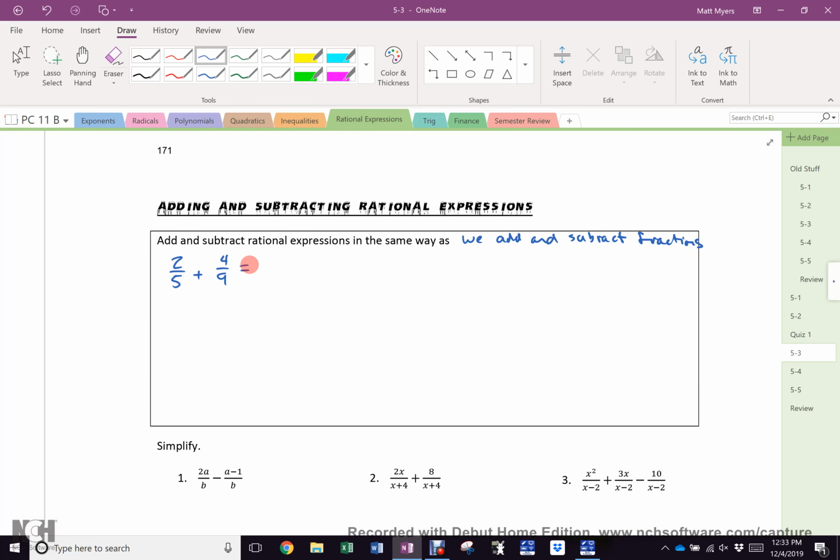For example, if you were doing 1/3 plus 1/4 plus 1/2, some of you would say, 3 times 4 times 2, I'm going to use 24. Will that work? Of course it will, but is it the lowest? No, what should you use? 12, great, okay. So in this case, 9 and 5, they are going to work together, and your common denominator is going to be what?